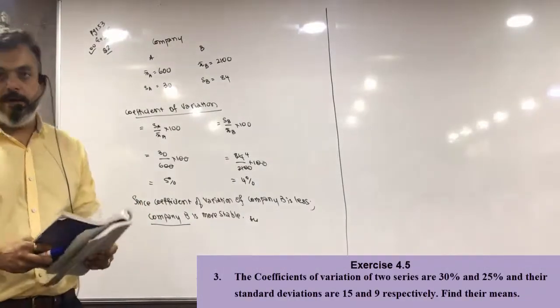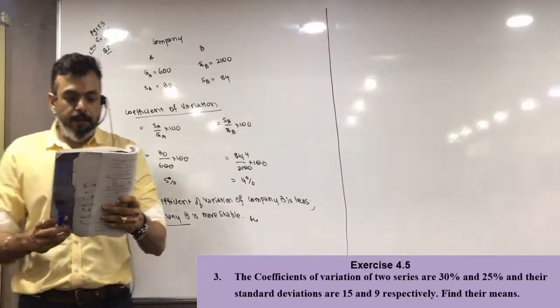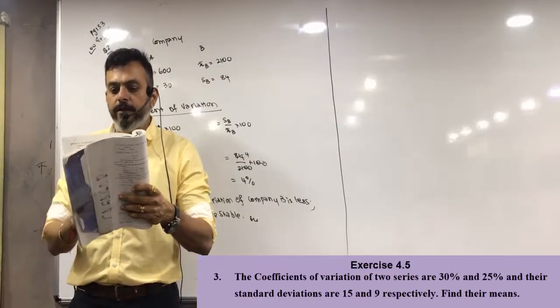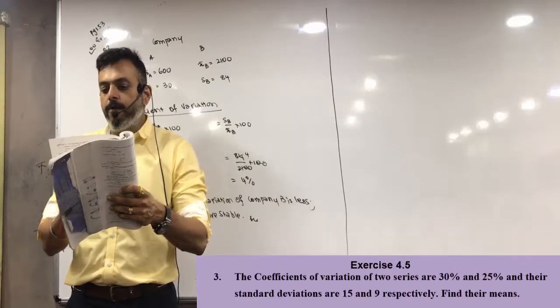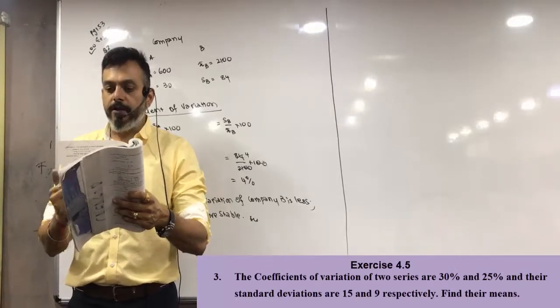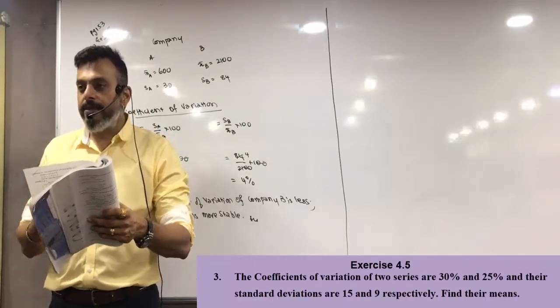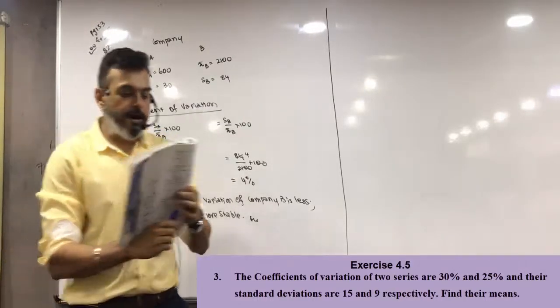Question number 3, an interesting one. The coefficient of variation of two series are 30% and 25%, and the standard deviations are 15 and 9 respectively. Find their mean. Let's write the information.